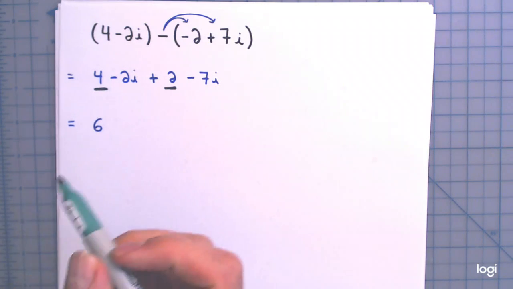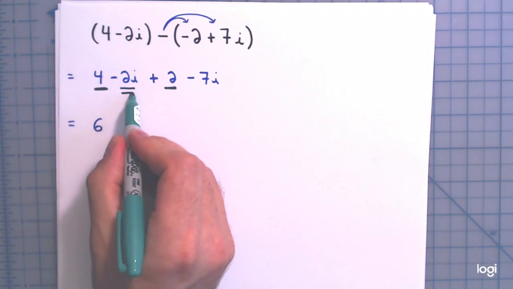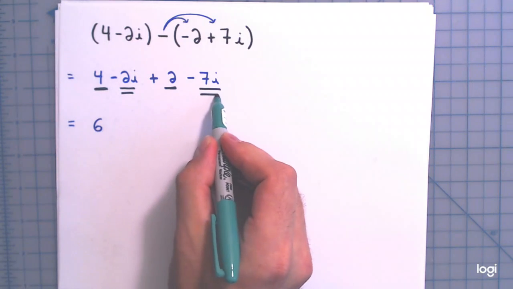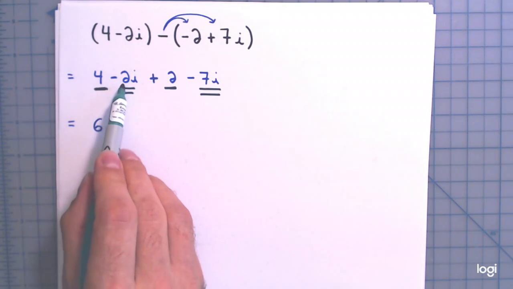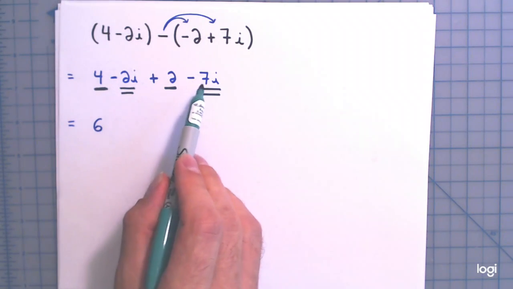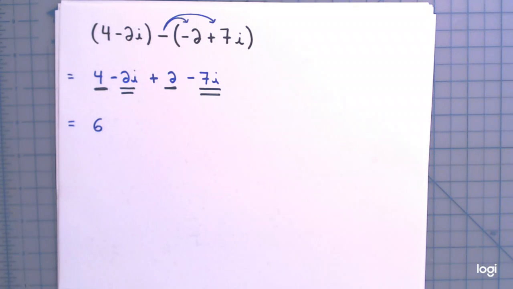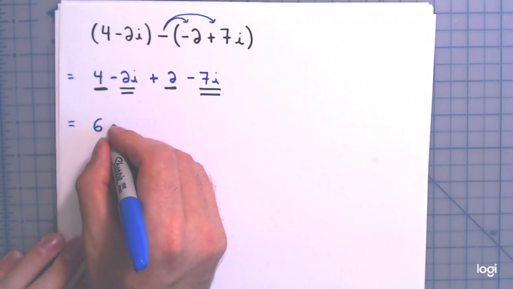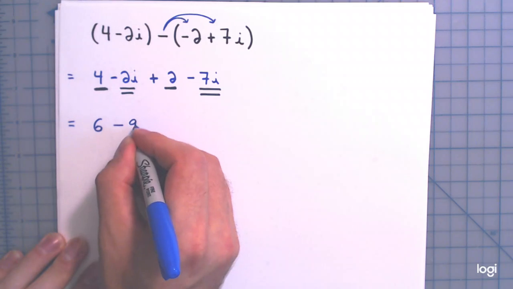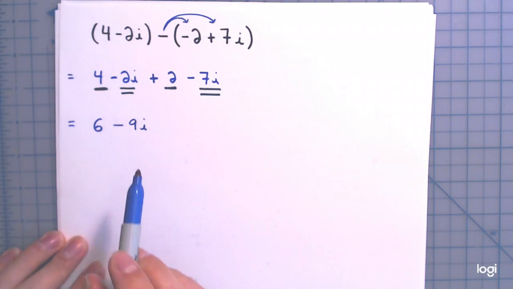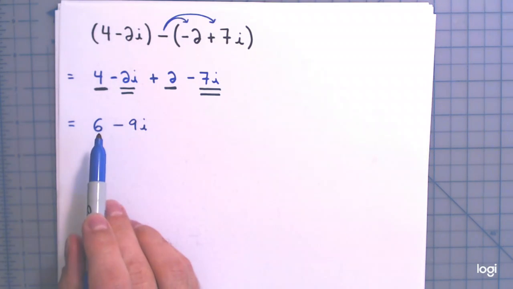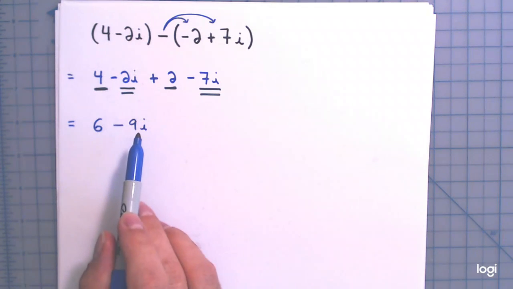And I combine the imaginary numbers for the next term, the imaginary part. -2i plus -7i. Well, -2 and -7 when combined make -9. So the next term is -9i. And there we go. I have my real number, 6, and then the pure imaginary number, -9i.